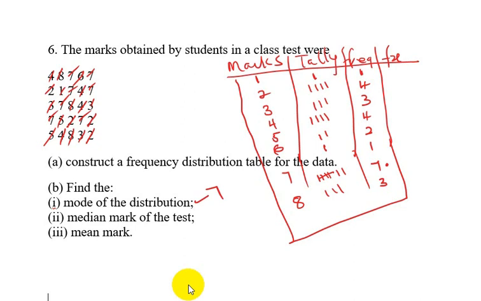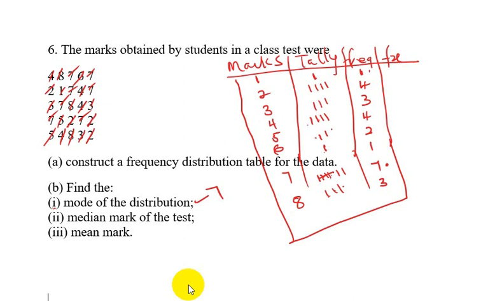Now the median is the middle number. Okay, now with that, let's find the total number of students in the class, and the total number of students in the class is 25. Okay, so we can start counting from here. When we get to the middle, that is 12, the next one will be the median.